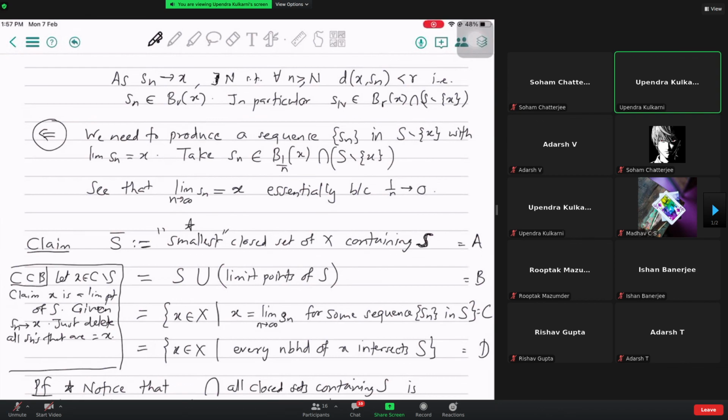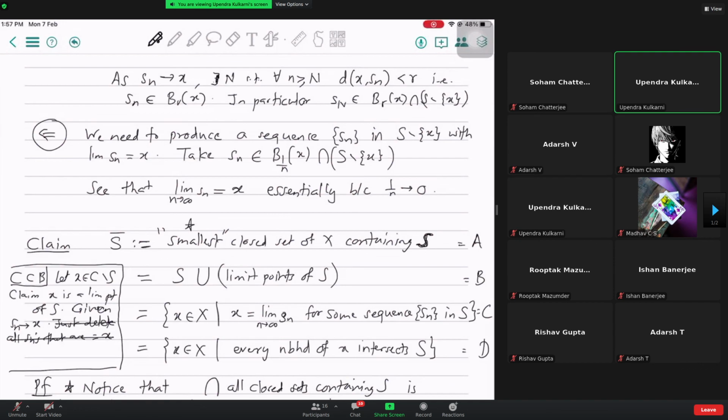See, the point is I have already assumed that X is not in S, no? So I don't have to really say anything more. Because if X were in S, then I'm done. And if X is not in S, then in the set C, I'm given some sequence Sn in S, no?